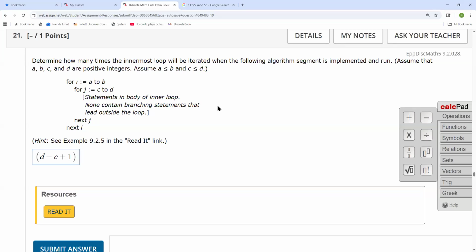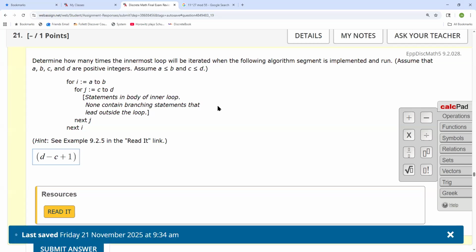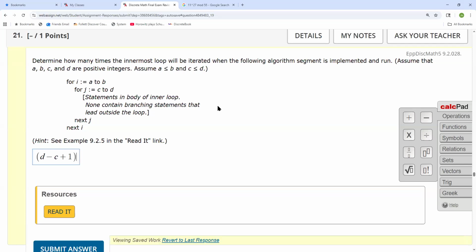Well, then you go back to the outer loop and you run it the second time. So the outer loop runs for I equals A, then it runs for I equal to A plus 1, and then A plus 2, and so forth until you get to I equals B. And once again, how many times does the outer loop happen? Let's just imagine A is 11, and B is 12.